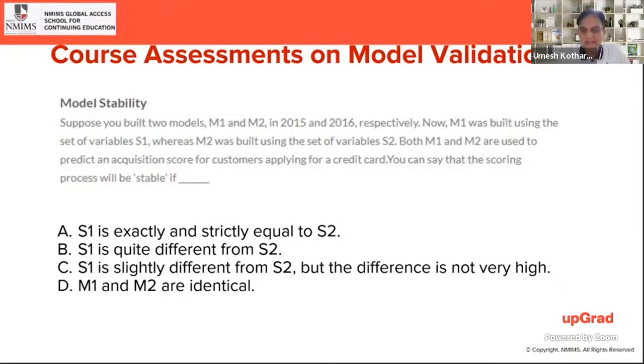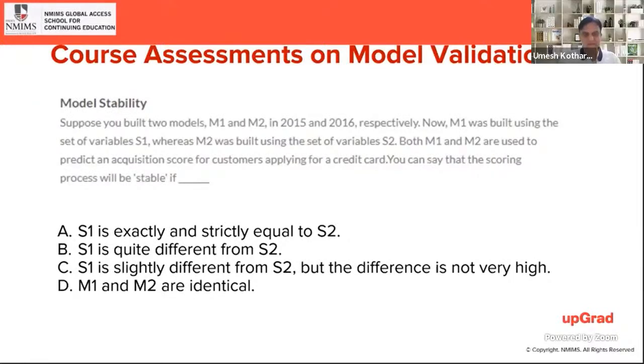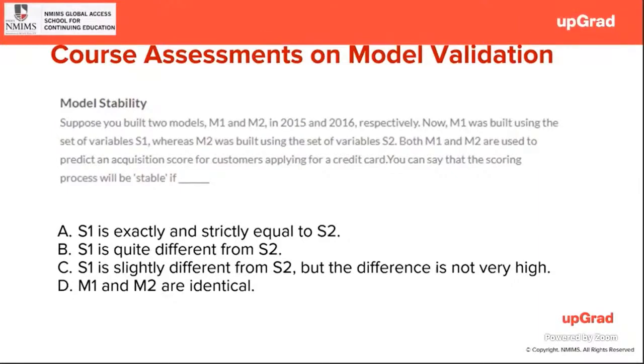Okay. Anybody saying something else, or there was somebody who said C, right? Yes, sir. Okay, why? So for the two models M1 and M2, the variables, although different, the outcome should be the same.